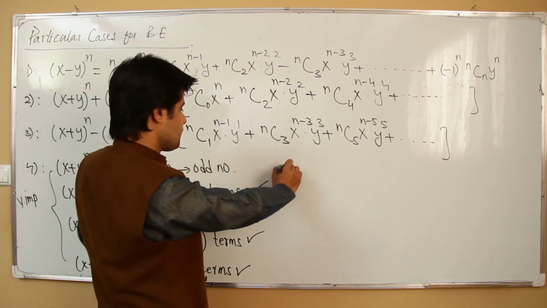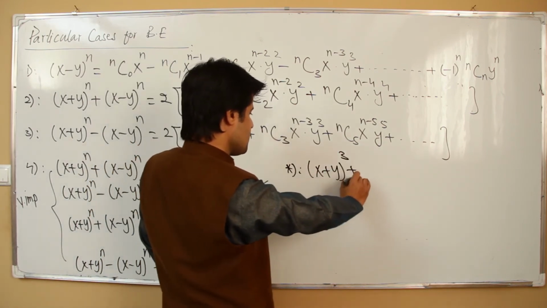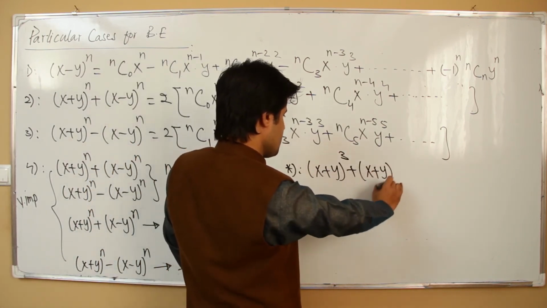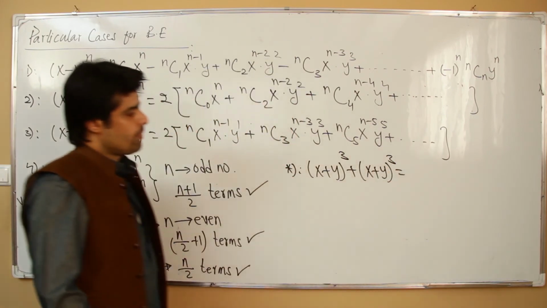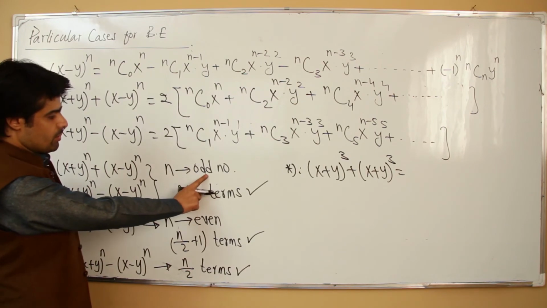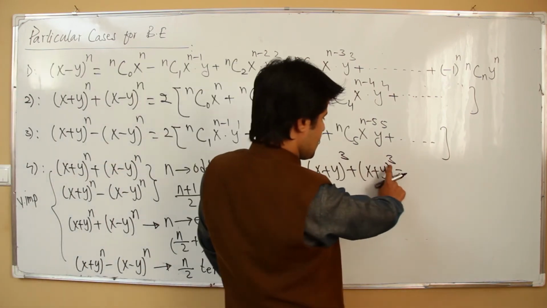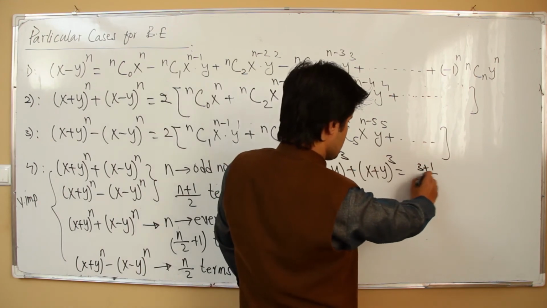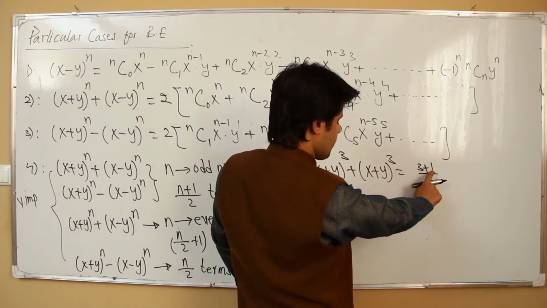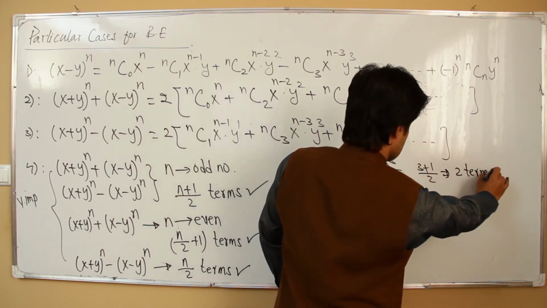For example, if I have x plus y raised to the power 3 plus x plus y raised to the power 3, how many terms do we have? n is an odd number, so we have n plus 1 divided by 2. What's n? It's 3. 3 plus 1 is 4, 4 divided by 2 is 2. Then we have 2 terms.